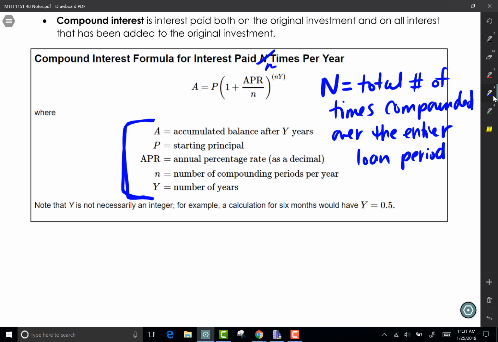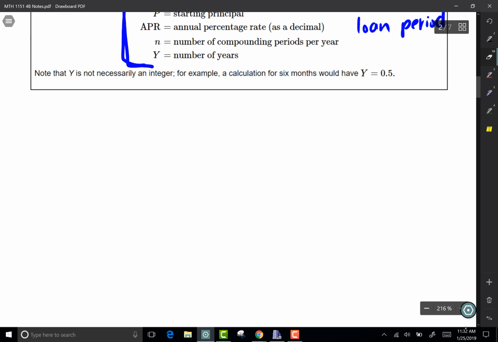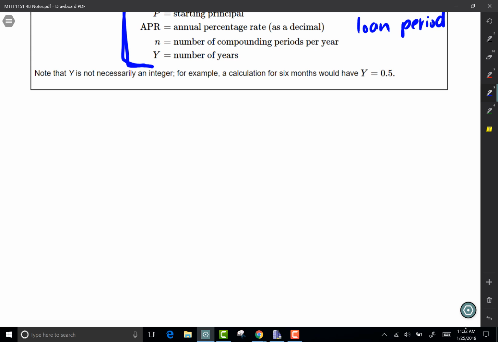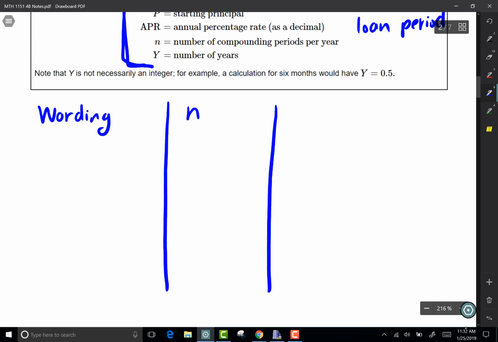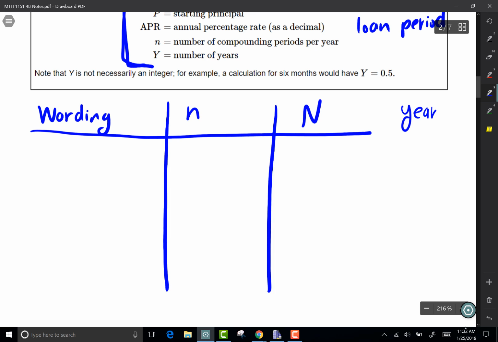But before we do that, I want to go through a few more things you need to know about this formula. I want to make a chart with you to help you visualize the difference between little n and big N. Let's say for this example this is over a period of 5 years.